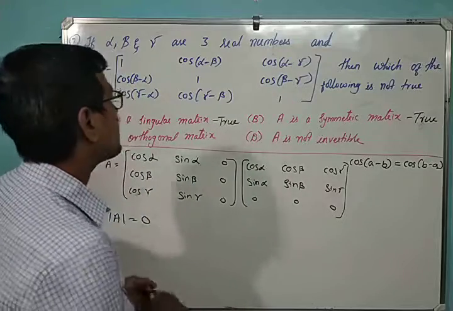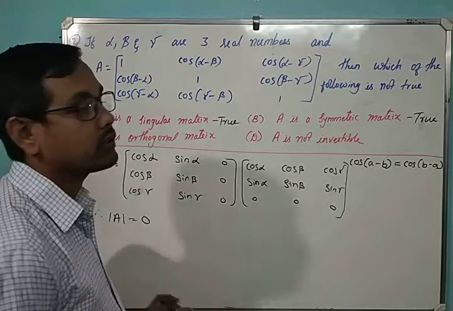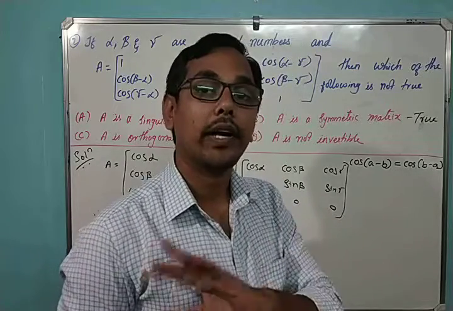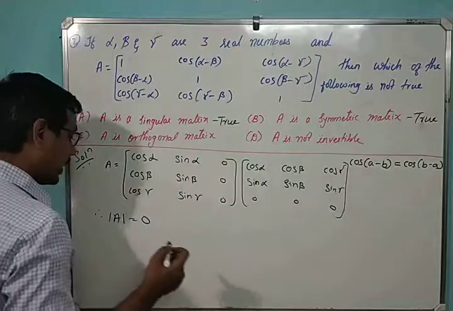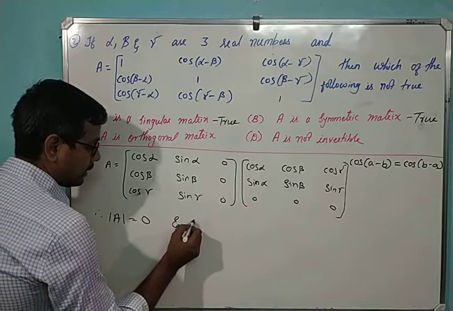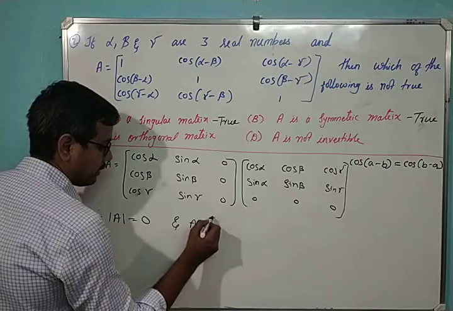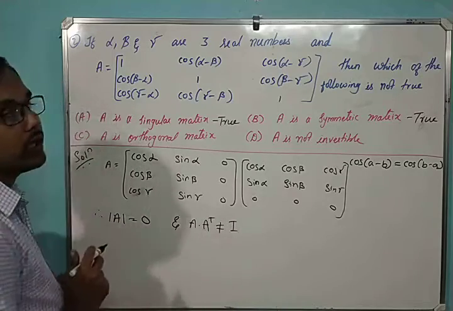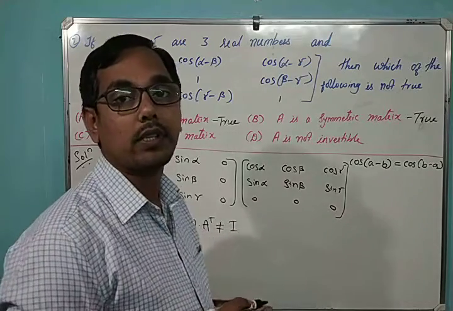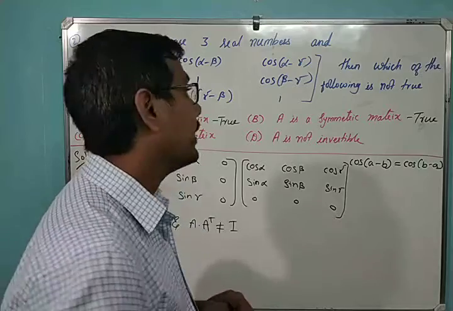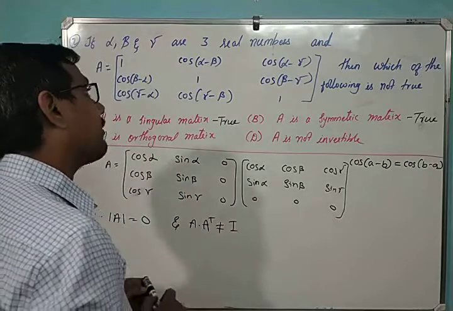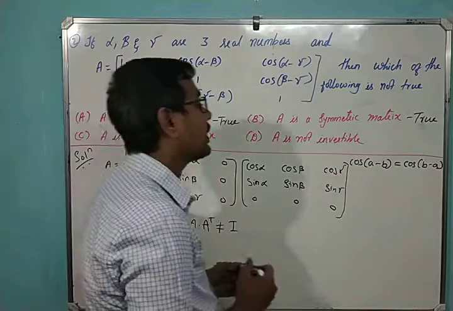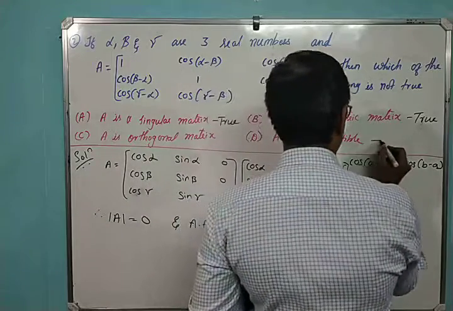So if you take A into A transpose, that will not be equal to I. You can check it, you can try. A into A transpose is never equal to I. When A into A transpose is never equal to I, then what happens? It is not invertible. This is also true.